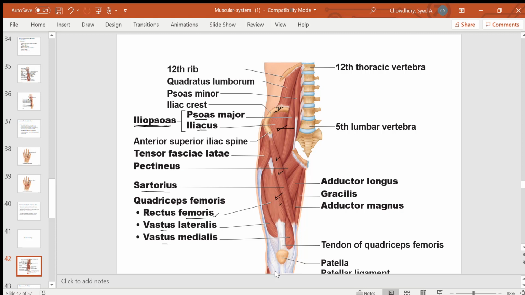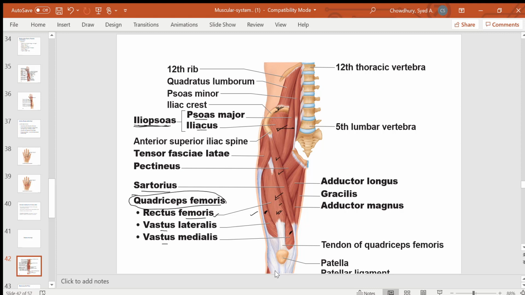And this is the lateral side, right, of your thigh. So this is vastus lateralis, this is vastus medialis, and intermedius is under the rectus femoris, in between lateralis and medialis. Okay, so those four muscles together is called the quadriceps femoris muscle.